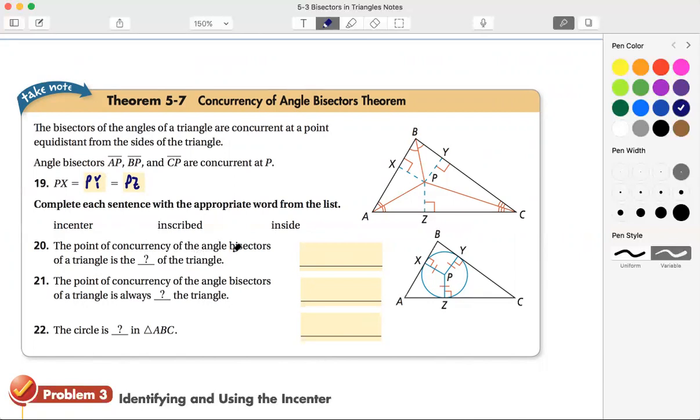The point of concurrency of the angle bisectors of a triangle is called the incenter. It is always inside the triangle. So the circle is inscribed in triangle ABC.